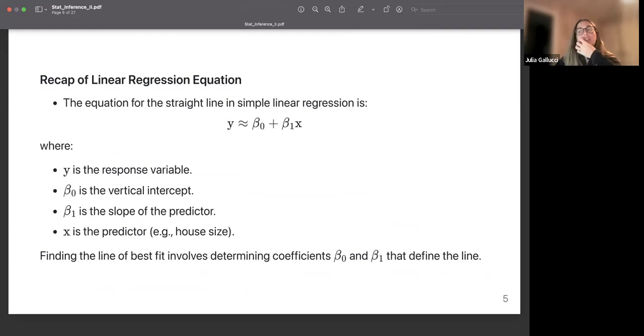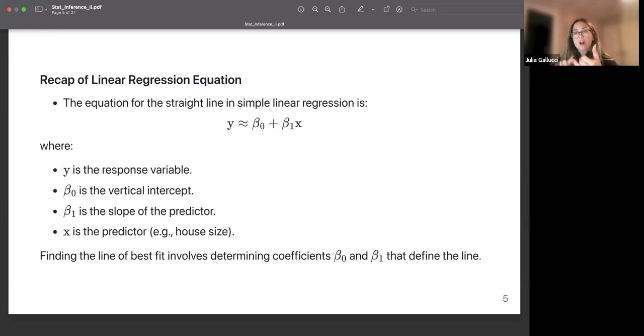So as a reminder, this is the equation for a line for simple linear regression. We have y equals beta naught plus beta 1 x, where y is our response variable, beta naught is the vertical intercept or the y-intercept, beta 1 is the corresponding slope, which tells us how much y changes per each unit increase in x, and x is our predictor variable.